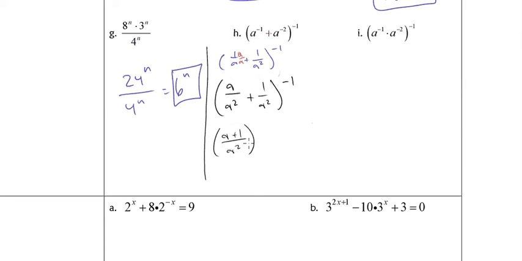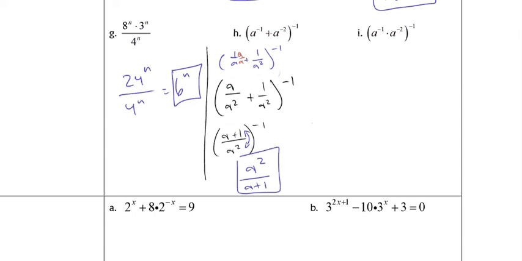And now we've got just one fraction. We can use our negative exponent now, and our final result will end up being a squared. So everything's going to switch upside down here in our one fraction: a squared over a plus 1. All right, there's our answer.